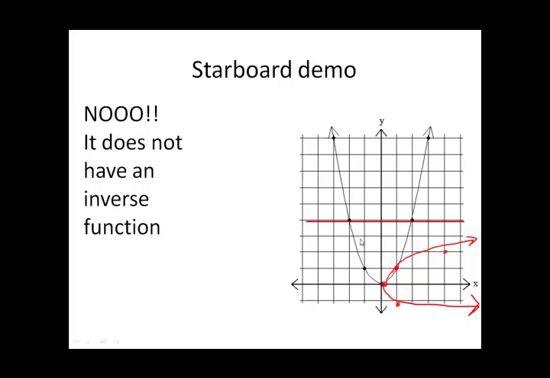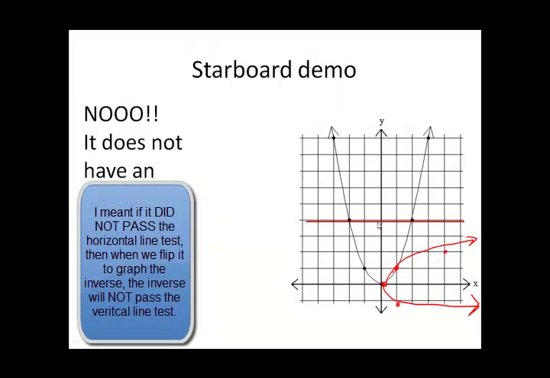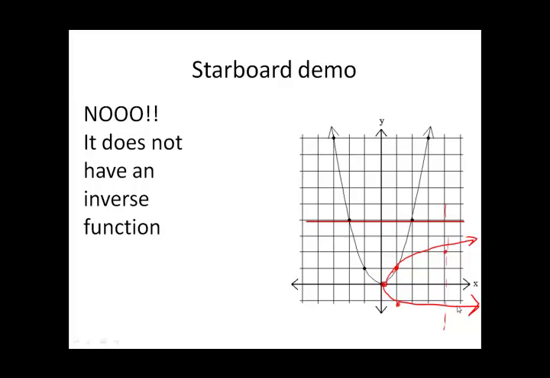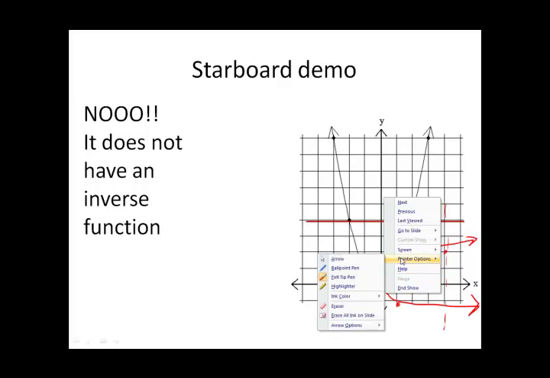It's that parabola that's been turned on its side. So if it didn't pass the horizontal line test, then it's not going to pass the vertical line test when you flip it on its side. Therefore this one does not have an inverse function because it's not a function. It doesn't have one y value for every x value. It has two y values.